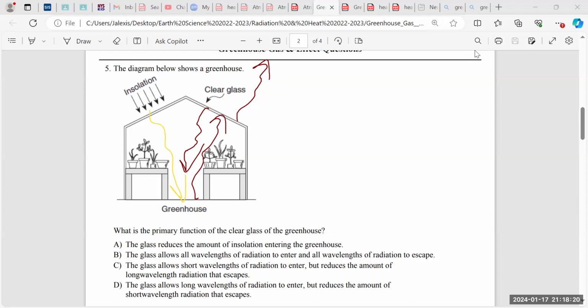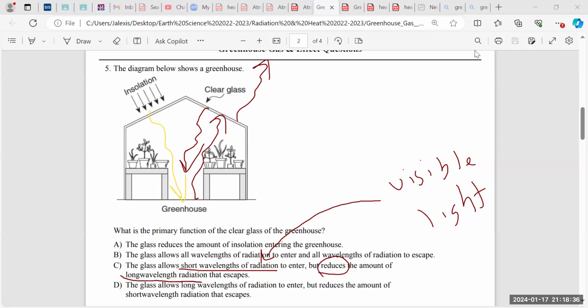The glass allows short wavelengths of radiation, for example visible light, to enter, but reduces the amount of long wavelength radiation that escapes.